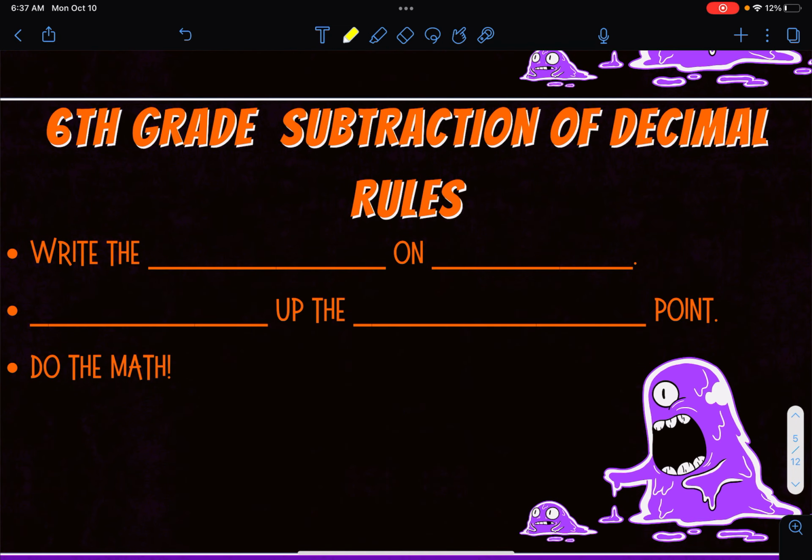And then your sixth grade subtraction of decimal rules. On your notes, you have a section that says important rules. These are things that you could be writing on there. So for subtraction, remember you have to write the greater one or bigger one on top.